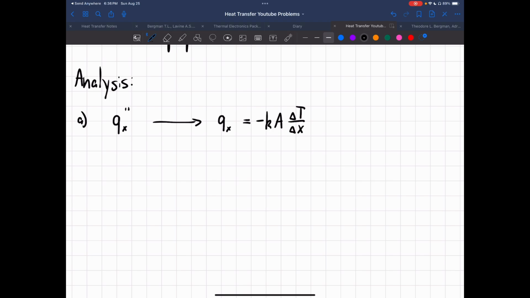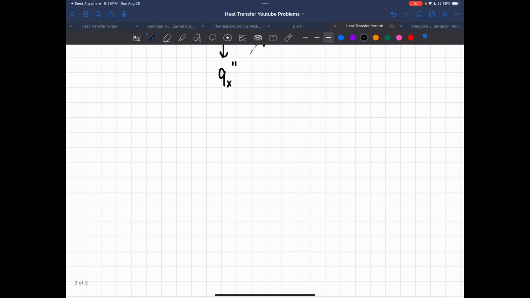Some people write this differently, and some people also put dT/dx in that derivative form. And so you may remember that if we take this equation and divide both sides by A, then the A on the right side cancels out, and that q sub x turns into q sub x double prime, giving us that heat flux.